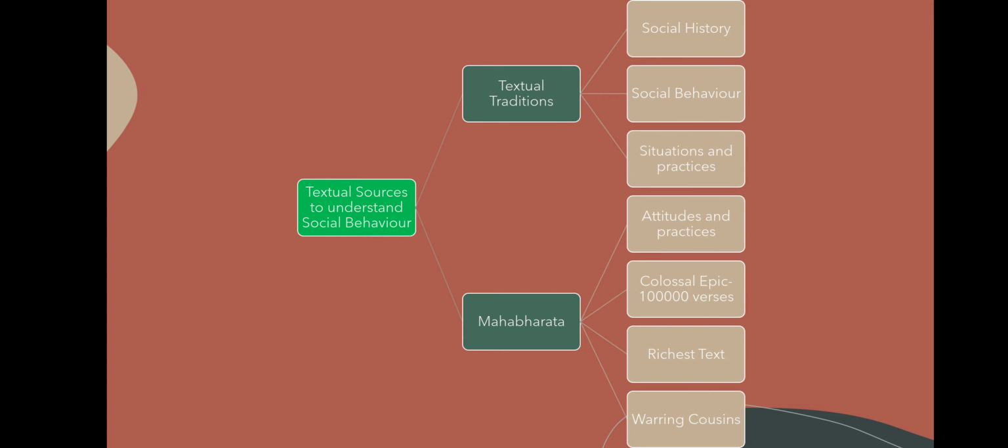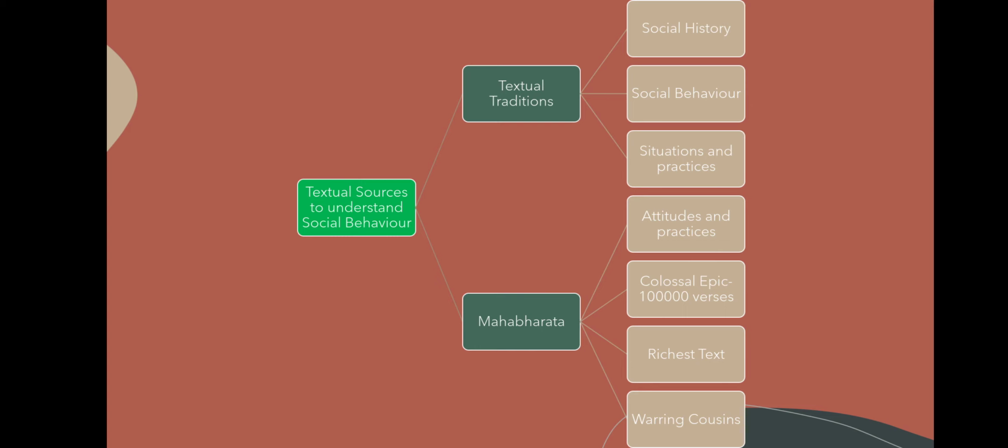Now, let's discuss the textual sources to understand social behavior: the textual traditions and Mahabharata. We'll understand with these two, both are textual sources.